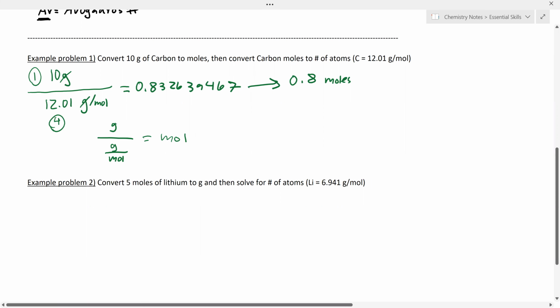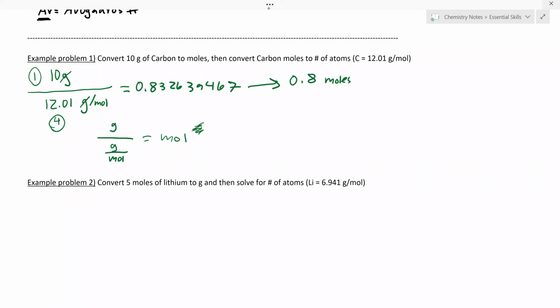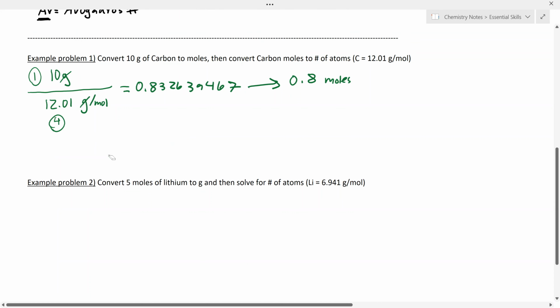If it was on the bottom, it would be negative moles, but because you have it underneath, it cancels out. So it makes it back into regular moles. It's strange and confusing, but it is what it is.